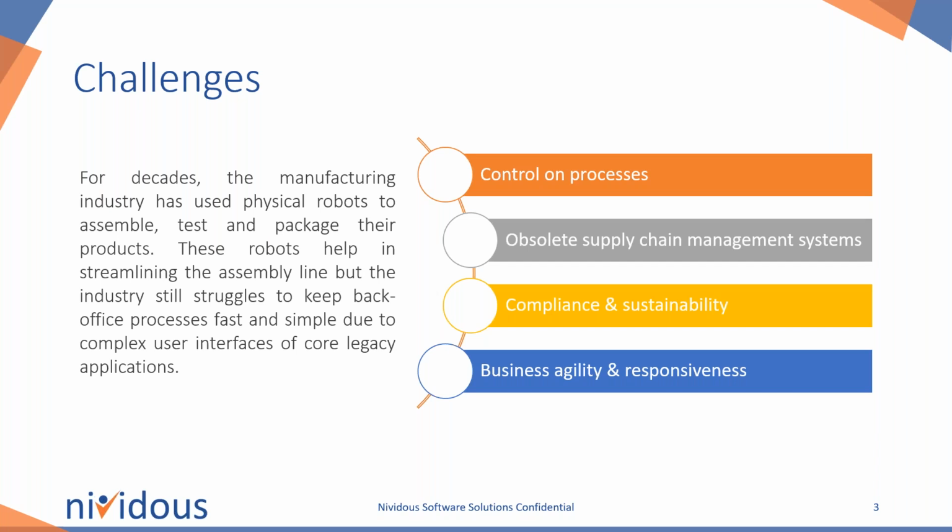Usually in manufacturing, we're talking about physical robots that are used to assemble, test, and package your product and help out in various ways in streamlining the assembly process, but really have nothing to do with all the back office operations of your company. And so because of that, there's a lot of challenges associated with the business that you're in that the robots don't really help out with.